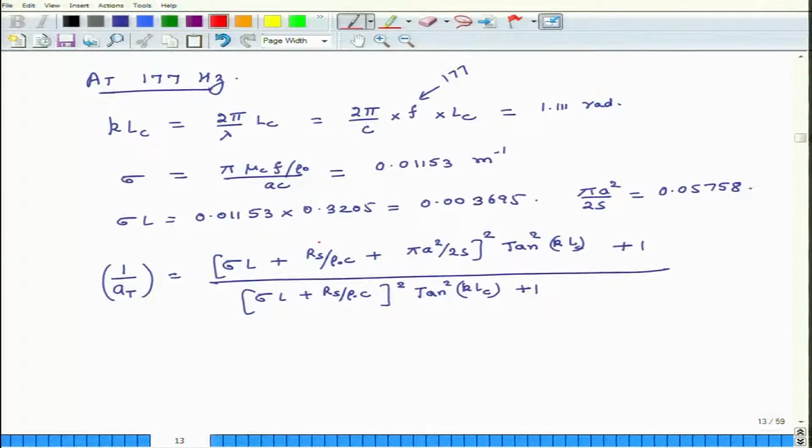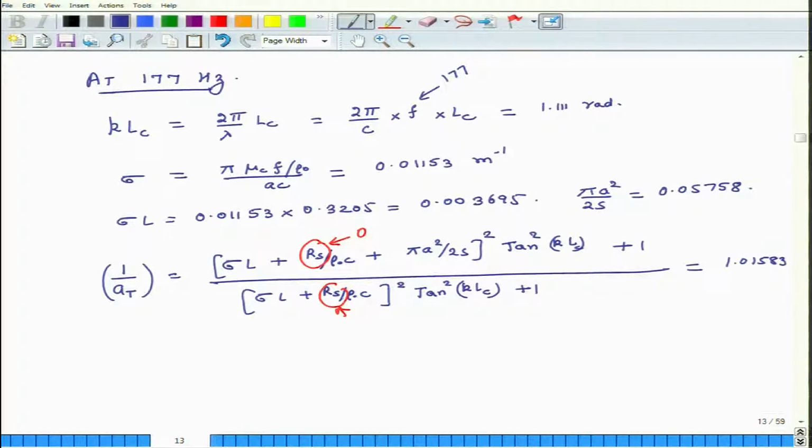Now, again this term is 0 and this term is also 0. All other terms we have calculated. So, it is just a question of plugging in all other terms and computing the value of 1 over AT, and if you do all this math correctly, what you get is 1.01583.